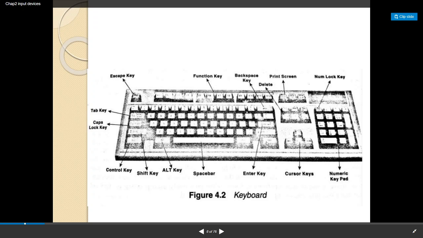And these are again similar keys repeated here, because if one key on the keyboard is not working, you cannot work without some keys that are frequently used. That is why you have these keys, so that in case these keys don't work, you can work with the other ones.